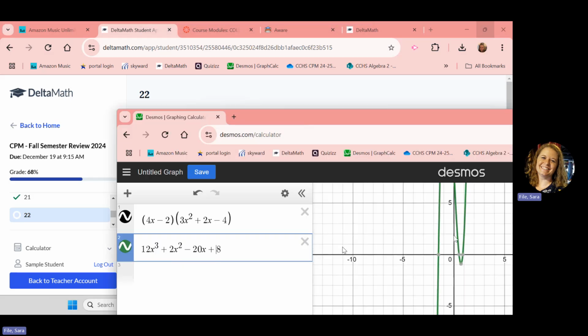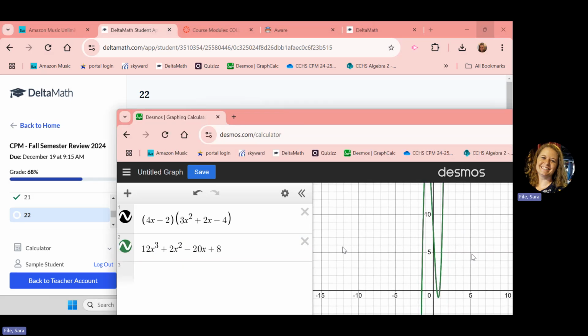And when I look over here at this graph, I only see one curve. If I turn that green on and off, that black one is right underneath it, isn't it? That's what we're looking for. They are the exact same graph. So that is the simplified version of the expression we were given.